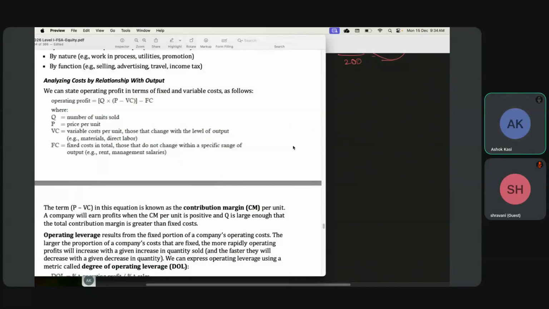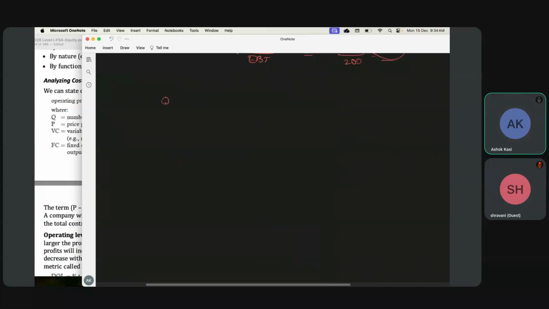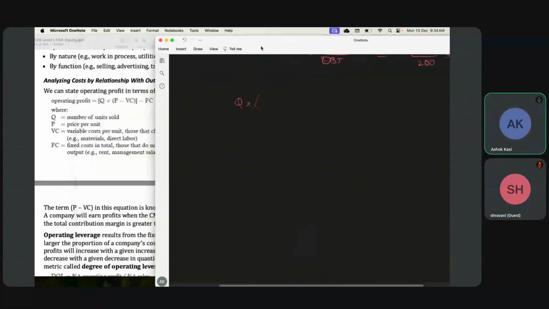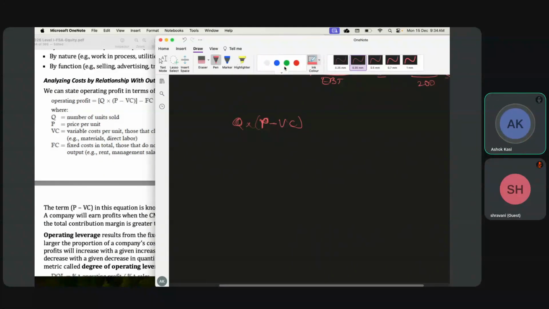This is Q into price minus variable cost, minus fixed cost.